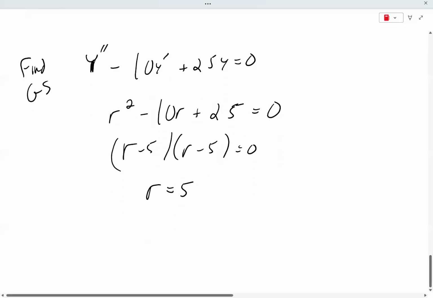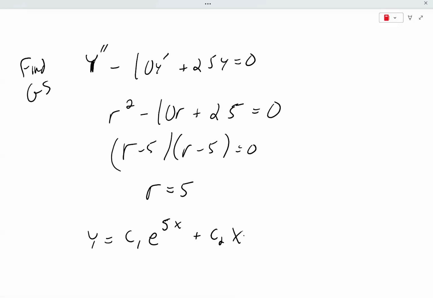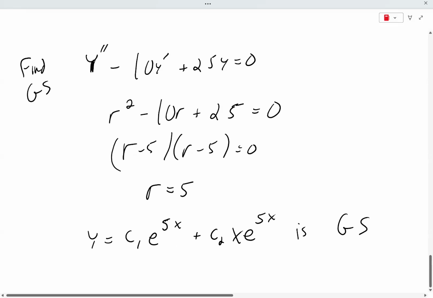Okay, so in that case, it looks like this. You have your c1 e to the 5x, and then for the repeated one, c2 x e to the 5x. That's the general solution here. Okay, so anything on that?